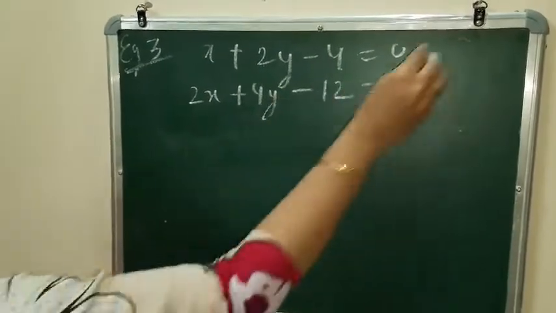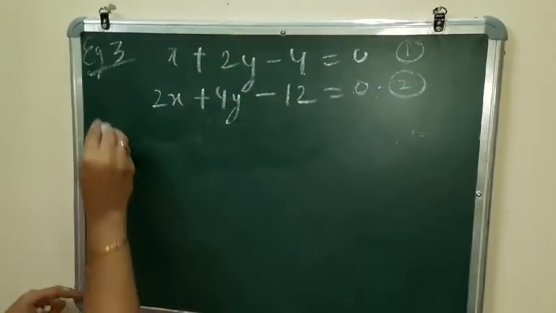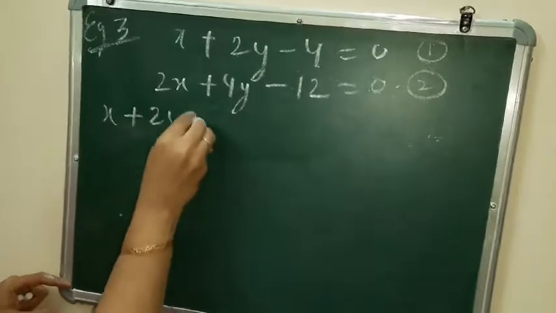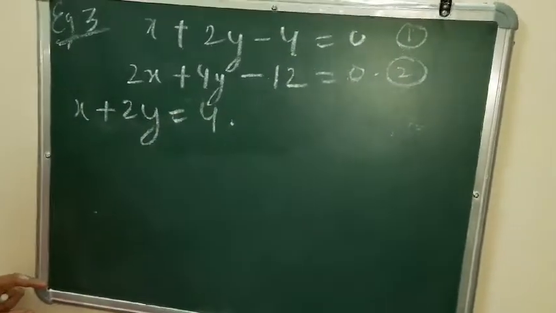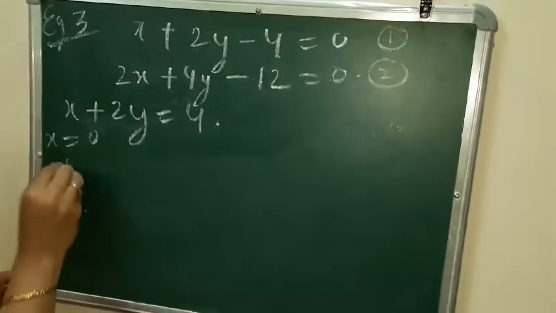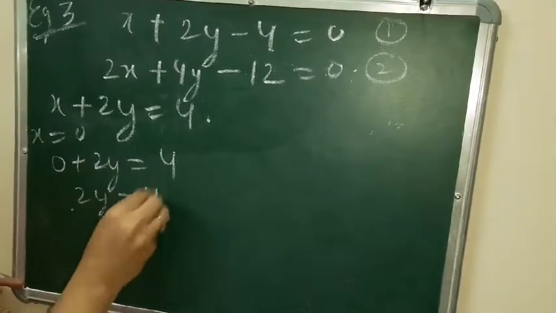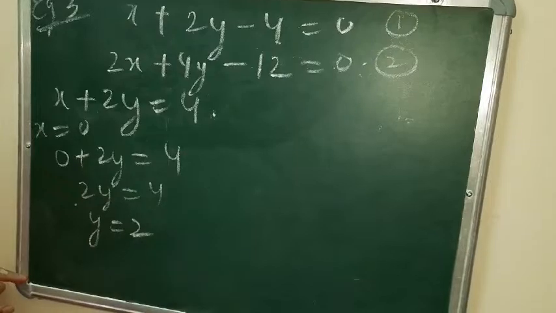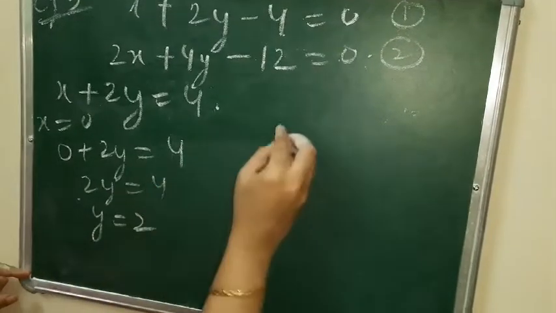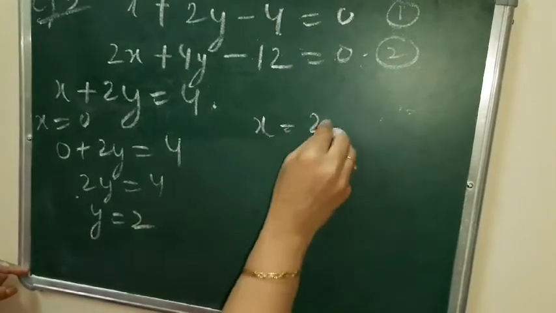Let's take the first equation and make the solutions for it. So first is x plus 2y equal to 4. Let x be 0. So find the value of y. 2y equal to 4, y equal to 2. So this is my first solution. For this equation, let x be 2.